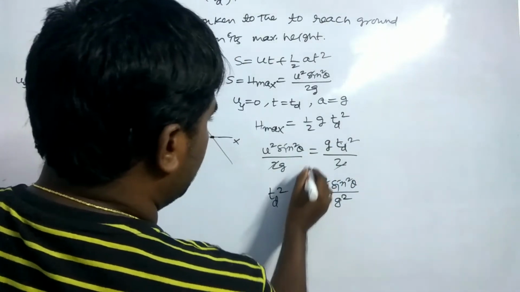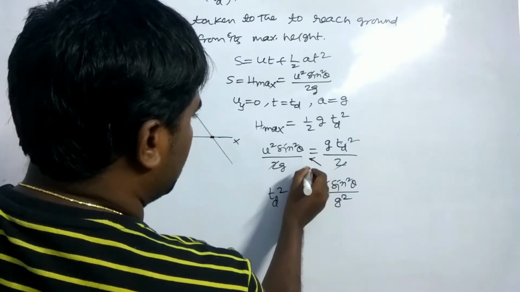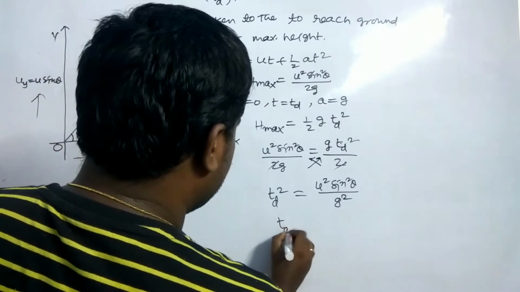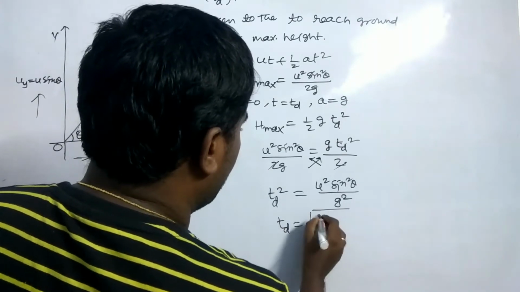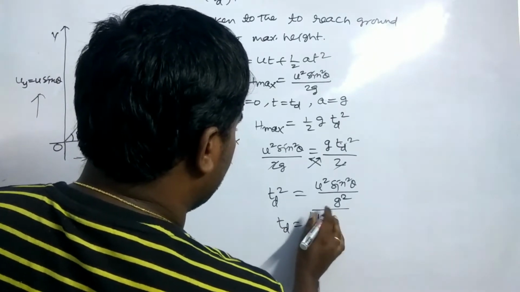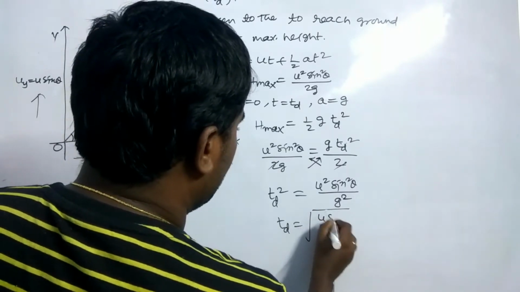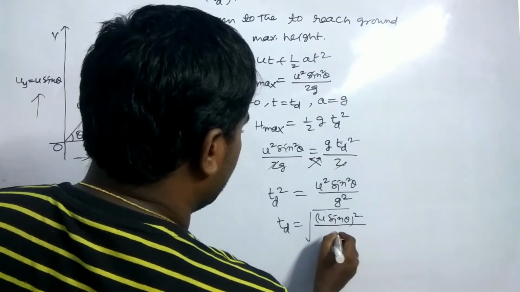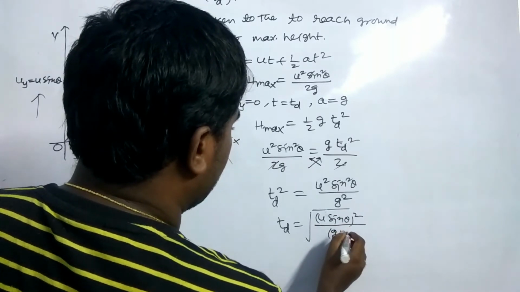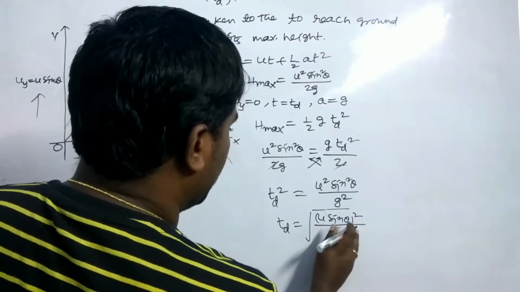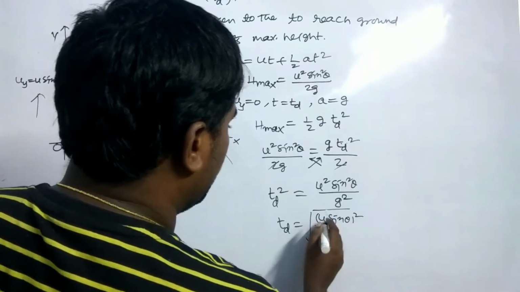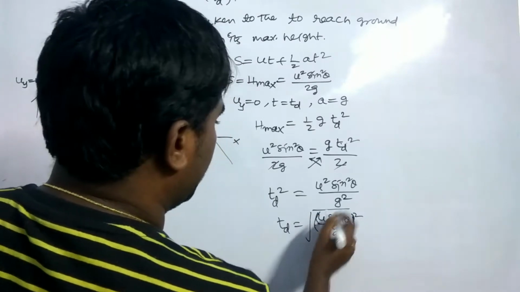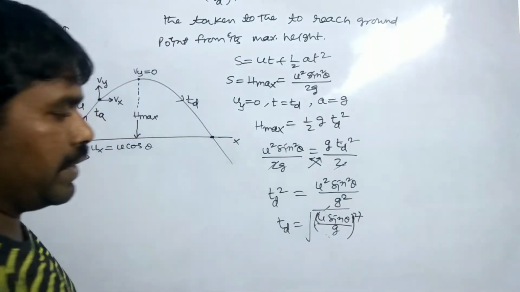So TD is equal to under root of u sin theta whole square by g whole square, because g square and root will be cancelled out.